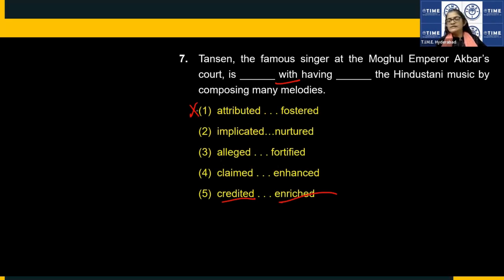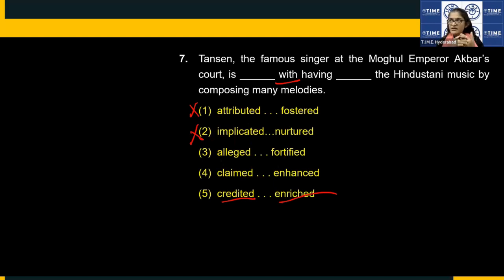Implicated with, no. Somebody is implicated in a case means they are found guilty or they are blamed for it. Okay, nurtured is okay. Alleged with, no. And an allegation is a negative thing, right? He is allegedly means he is accused of doing something. There is nothing to accuse.